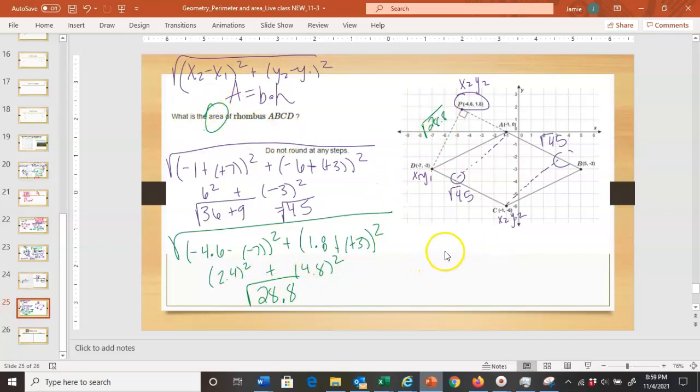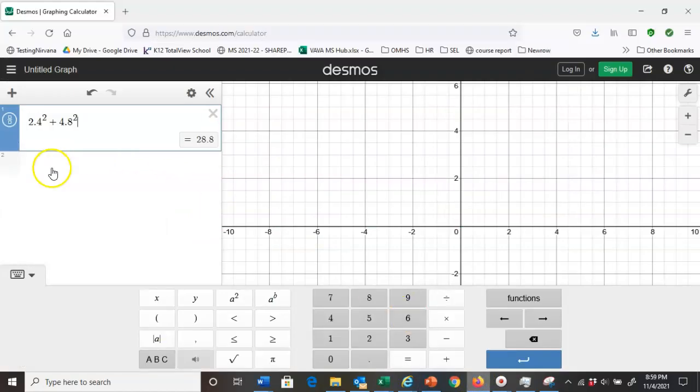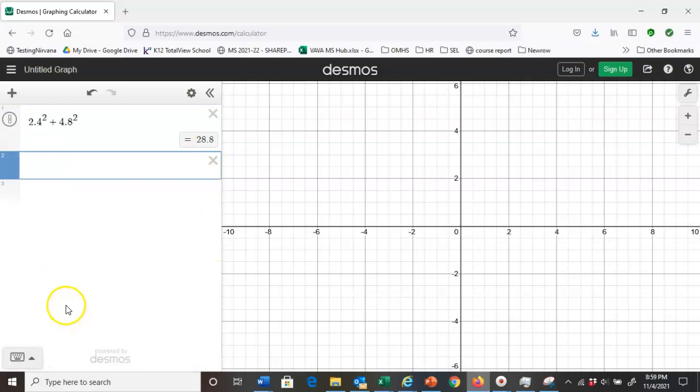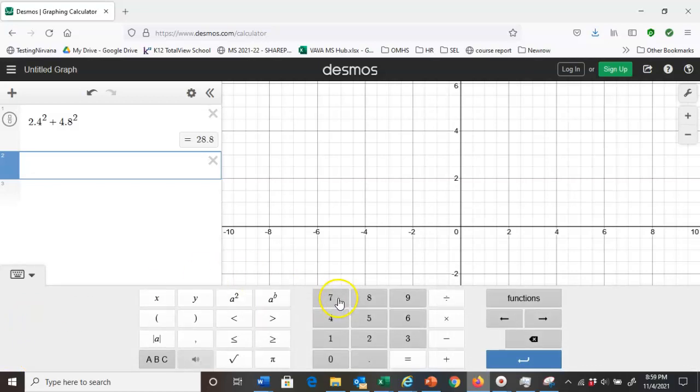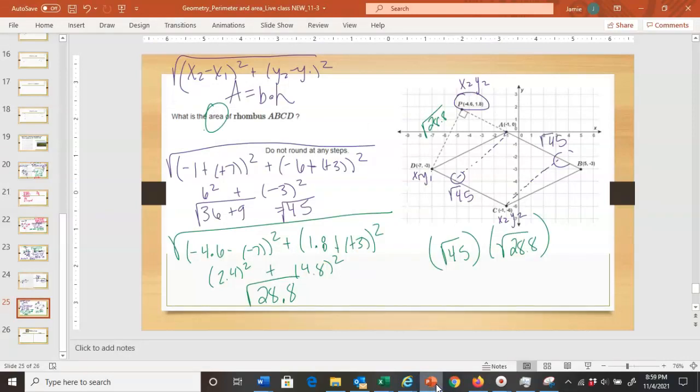Area, base times height. So we have root 45 times root 28.8. Let's go to the calculator. By the way, when you log into your Desmos graphing, your scientific calculator is down here at the bottom. This is the one we used last year in algebra, so hopefully it feels familiar. This is the one you'll see on the SOL, so it's the one we want to use all year.